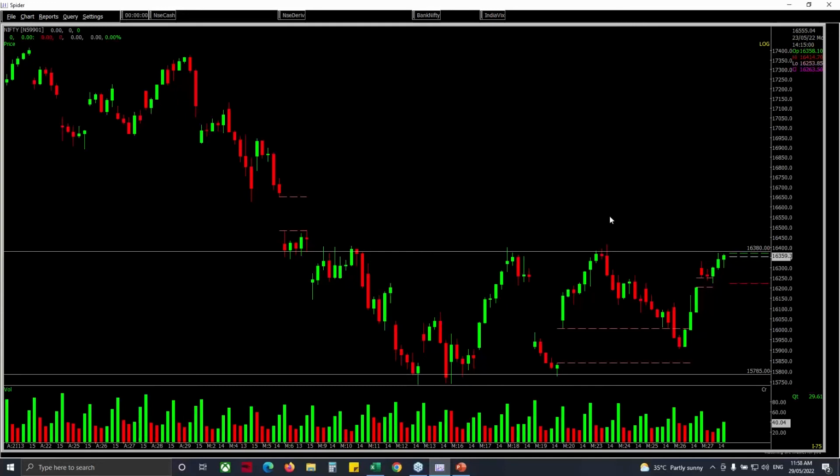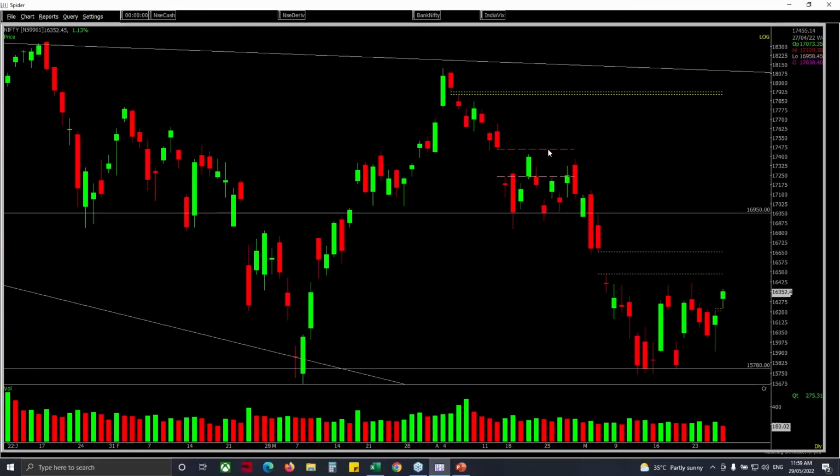Then the resistance zone that can be seen on daily charts is somewhere around 16950, which is confluencing with our open interest, where we have massive interest in put OI at 17,000 levels. It is confluencing with our Fibo retracement as we had seen.